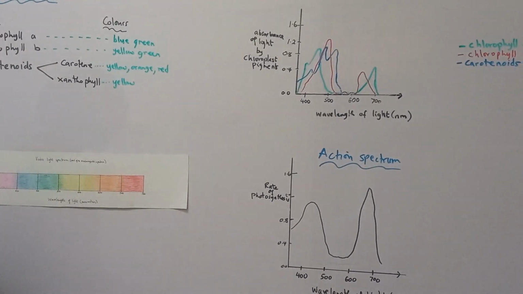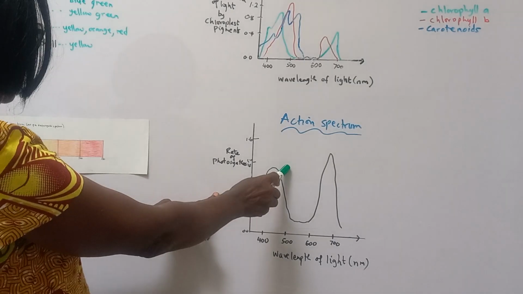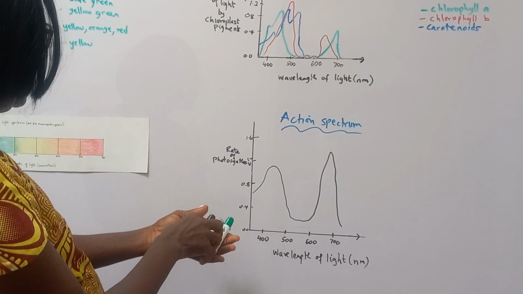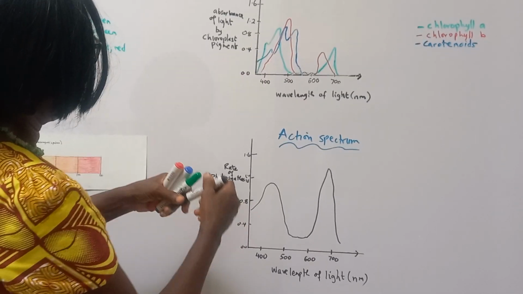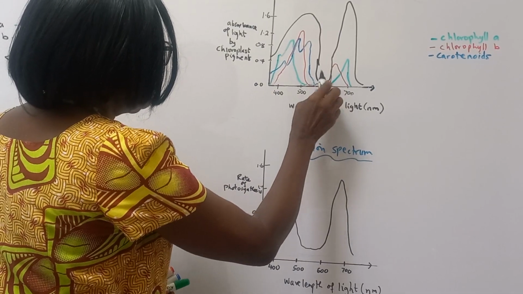That is the graph. The action spectrum is a graph showing the effectiveness of the different wavelengths of light, absorbed by the different pigments, in stimulating photosynthesis. If you look at the action spectrum, it correlates with the absorption spectrum. If we put it on this graph, we have something like this.